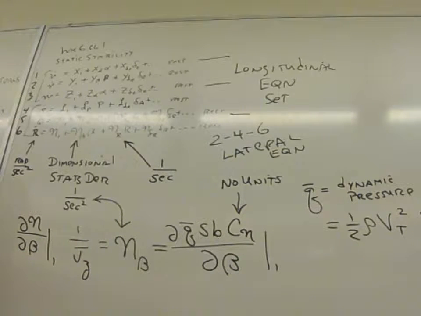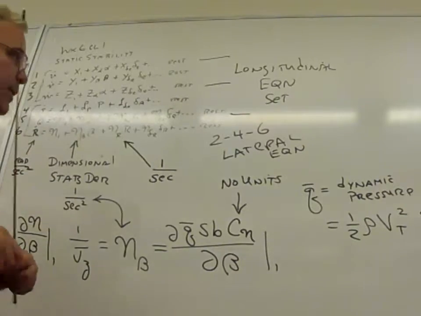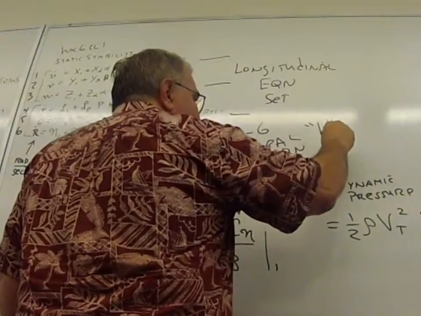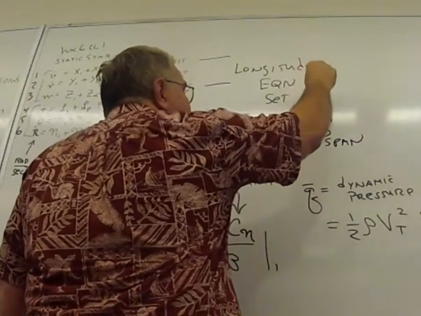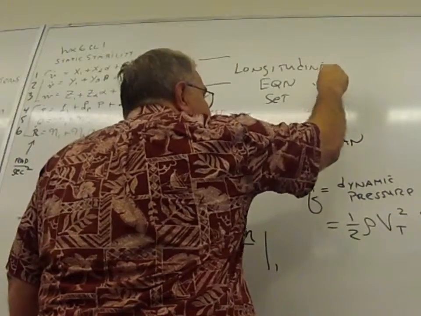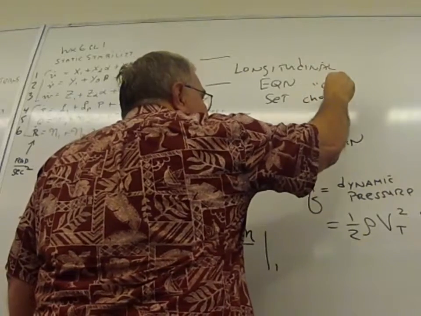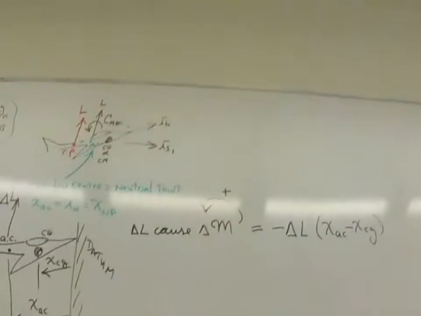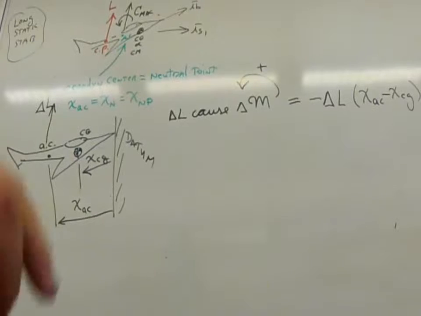If you were in a longitudinal set, you would use the wing chord instead of the wingspan. So in the lateral equations, we use B, the span, to non-dimensionalize, and in the longitudinal equation set, we use C, the chord, to non-dimensionalize. And if you look back, you see that that's what we did. We'll do that again today. So, is everybody following that?